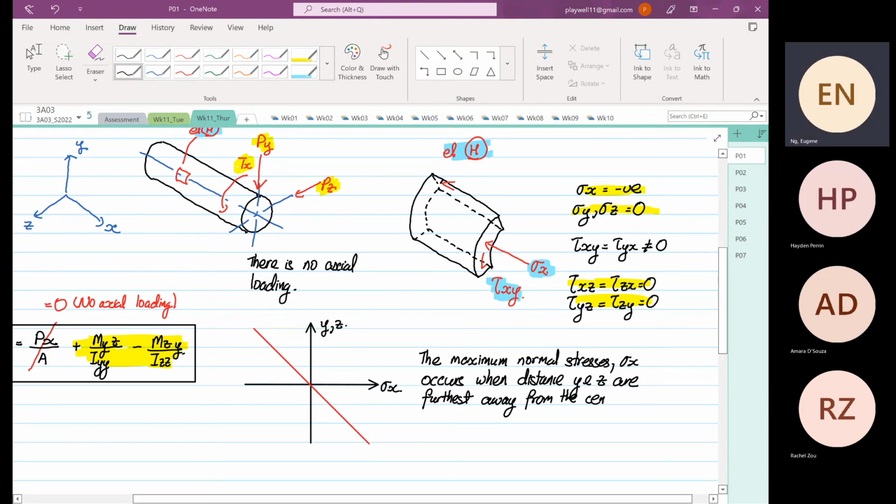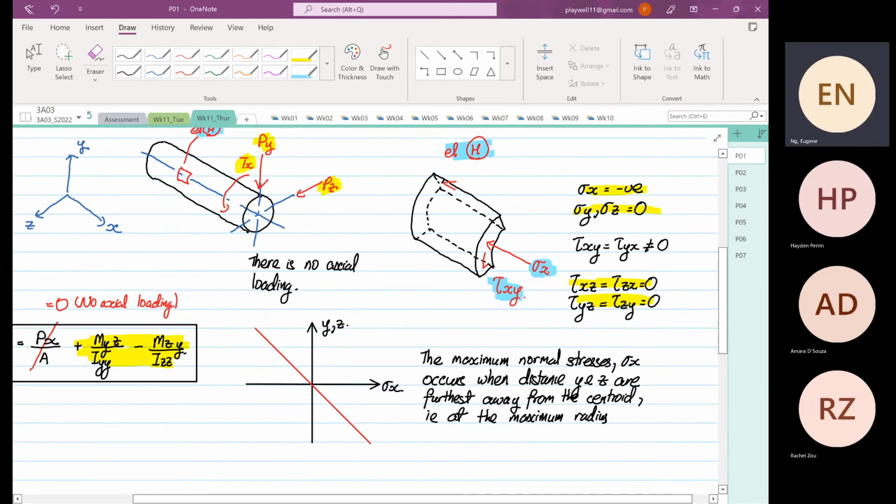I.e., at the maximum radius. Okay, we know that. So that's for our normal stress.